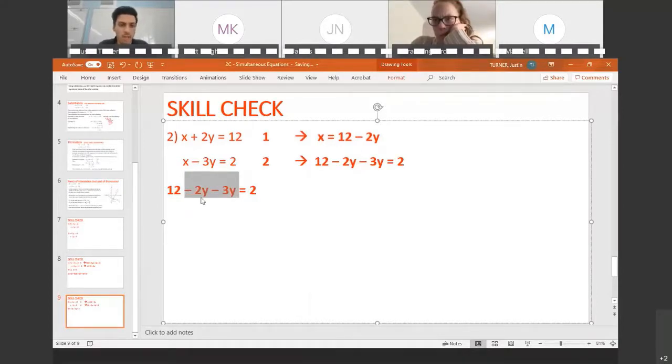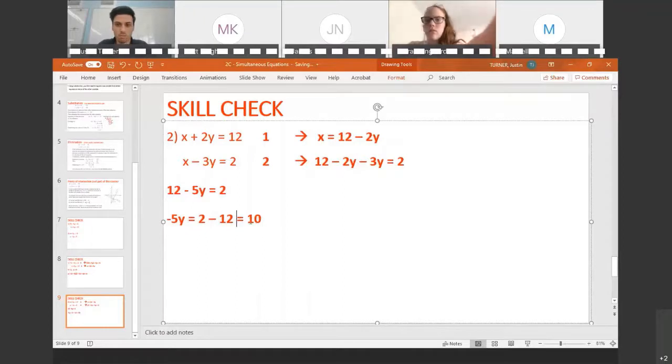So negative 2y minus 3y, we end up with minus 5y here. Now, if I subtract 12 from both sides of the equation, we get negative 5y is equal to 2 minus 12, which should be 10. So we have negative 5y equals 10.